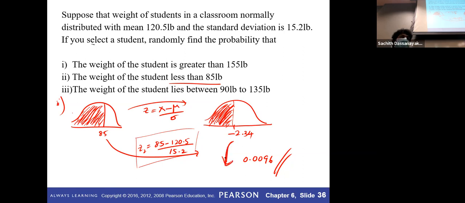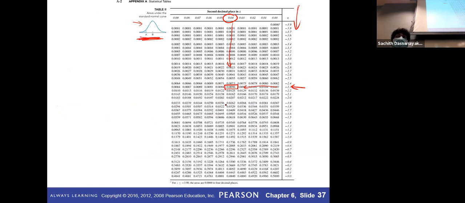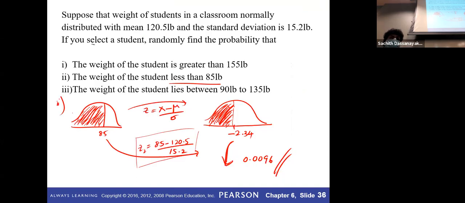You have to go to the table and find it. This is not the one and only table that we can use. There are a few other versions of this table, because in this table we have values, as I mentioned, from negative 3.9 to positive 3.9, but there are other tables as well. But in your course, try to stick with this table.